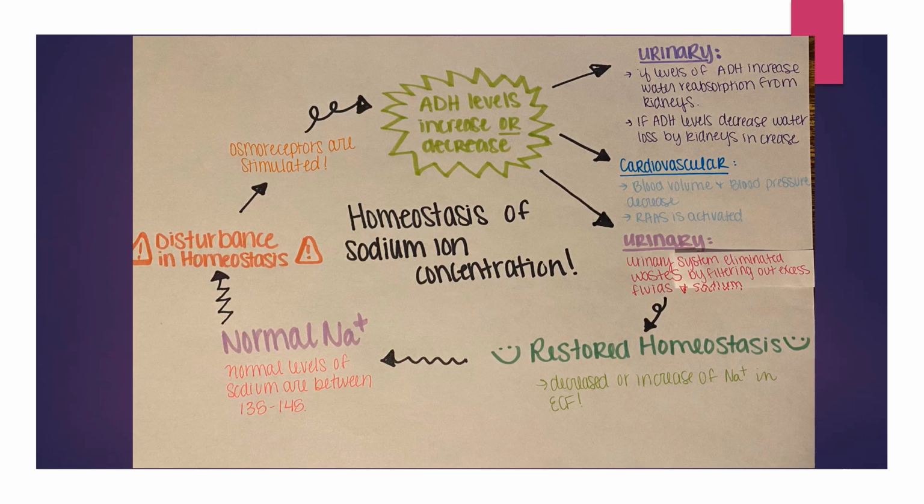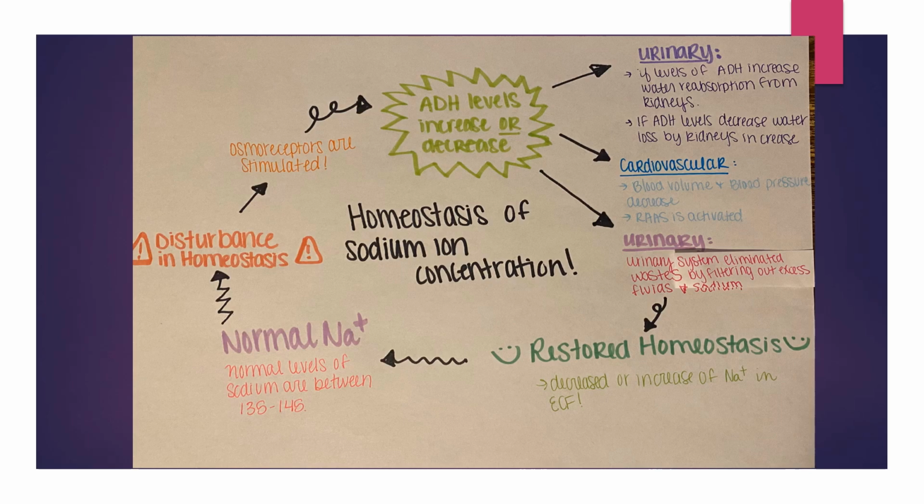Today we're going to be talking about homeostasis of sodium ion concentration in the ECF, or the extracellular fluid. The normal sodium level is between 135 and 145. Those levels can then raise or drop, and that would cause a disturbance in homeostasis.